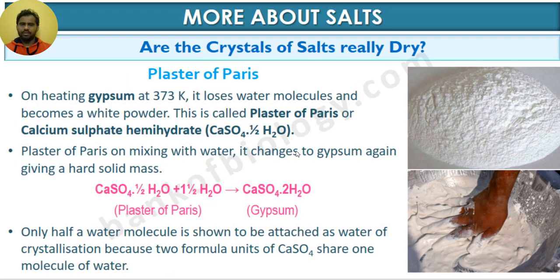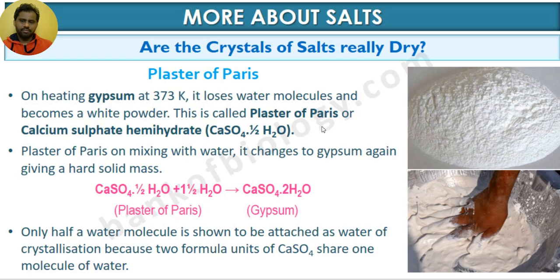Now let us study plaster of Paris. We might all have heard about plaster of Paris. So we have something called gypsum. When we heat gypsum at 373 Kelvin, it loses water of crystallization. It loses water molecules and becomes a white powder.